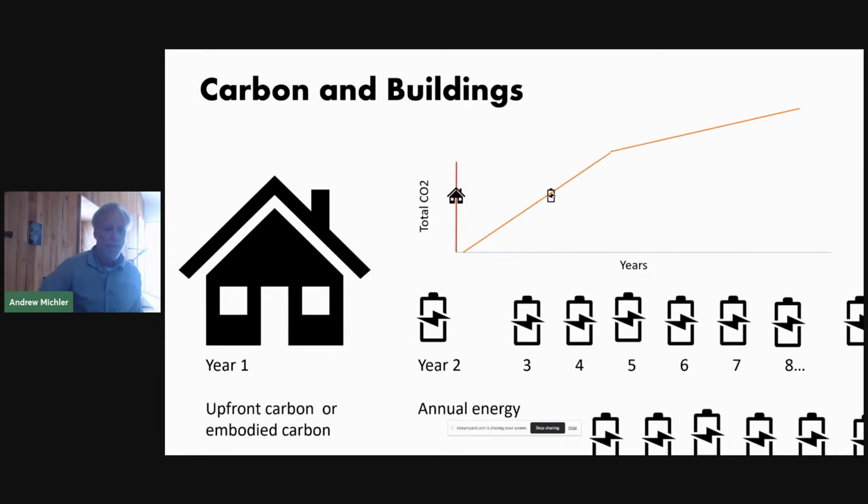When you break it down from materials to energy, in the first year there's a big lump of impact from the construction of the building, and that can be quite significant. But then we add on the overall impact of the energy it takes to make the building work, from hot water to heating, cooling, all the appliances. Right now, our grid is still somewhat dirty, and even as it improves over the years, it's still an overall impact.